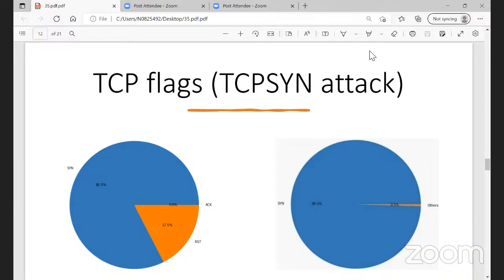Or when the SYN flag is dominant, that should also be flagged as a TCP SYN attack, because you can't have that many SYN flags in such a short period of time. The same thing for the sequence numbers. If you have, let's say, 20 consecutive sequence numbers that are 0, or even 10, then you should flag it as an attack, because sequence numbers are always high numbers. They have an incremental nature.